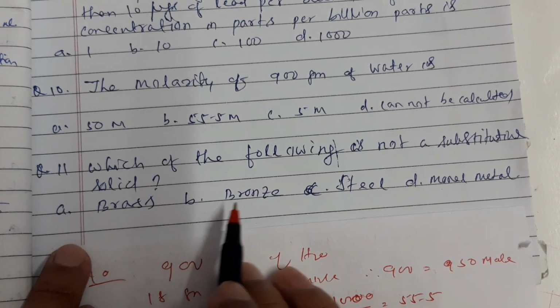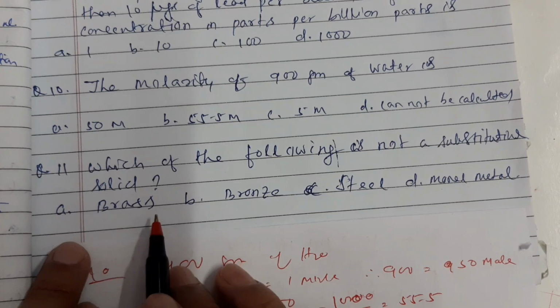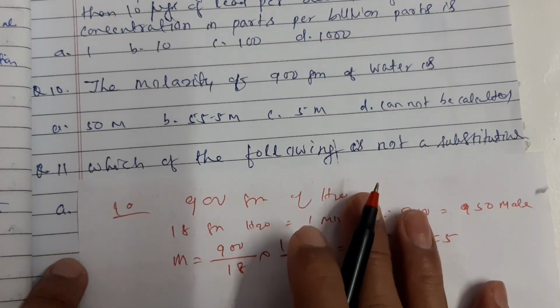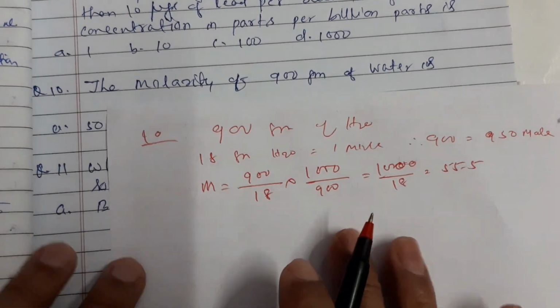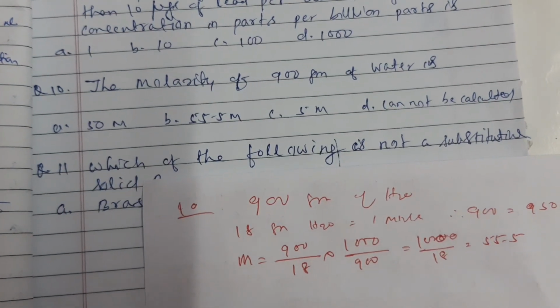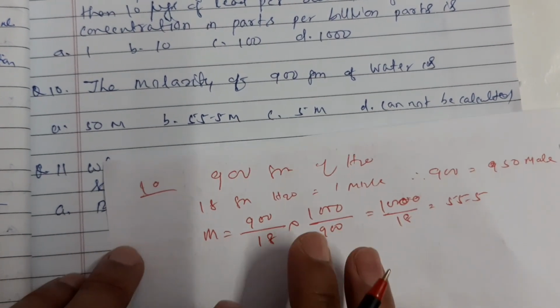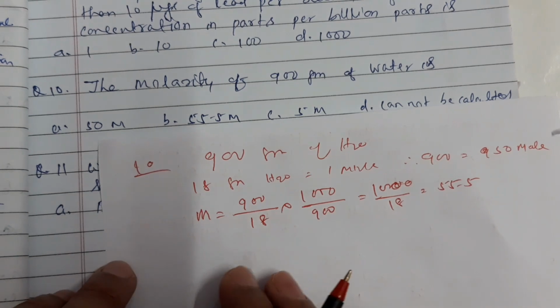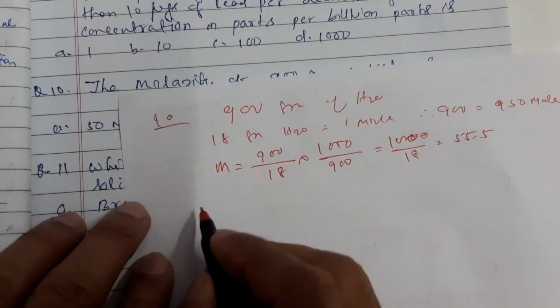So brass and bronze, both sizes. What is brass? Your brass is copper plus zinc.